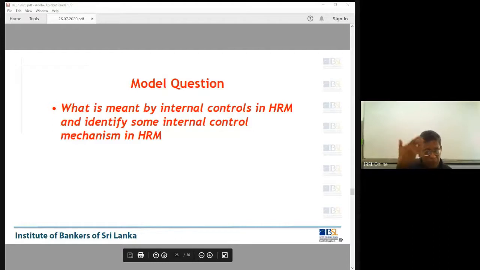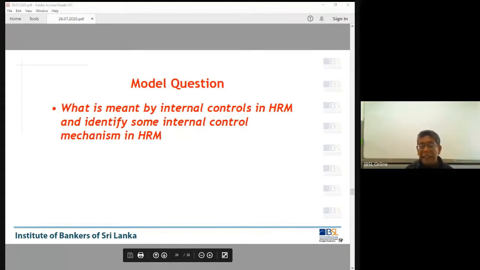So think of yourself. If you are working in a bank, what are the internal controls adopted by the HR department? These are transfers, job rotation, 7-day compulsory leave, job description. And also you have a disciplinary code.